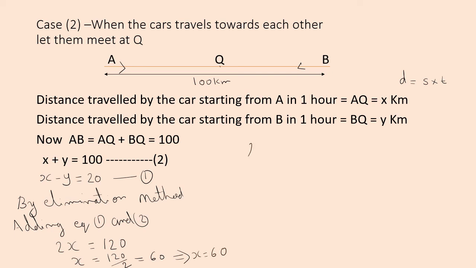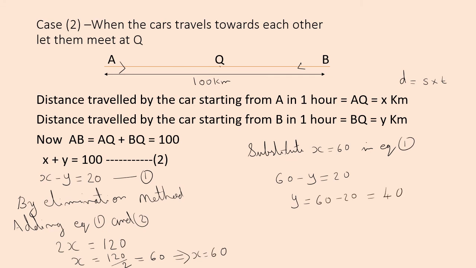Now substitute x equals 60 in any of the equations. In equation 1, 60 minus y equals 20, so y equals 60 minus 20, that is 40.